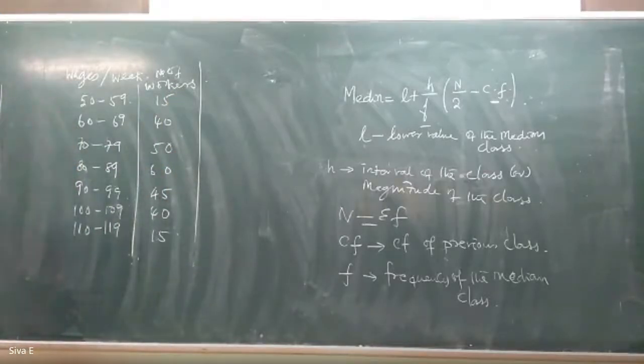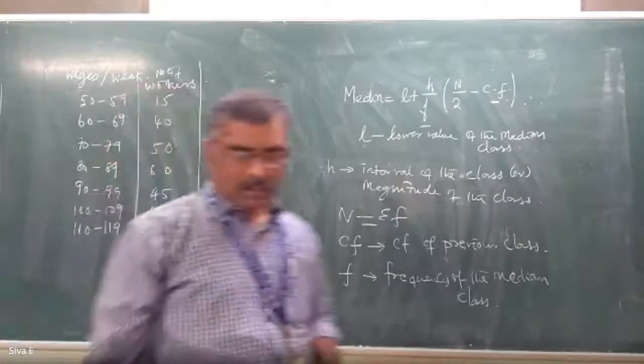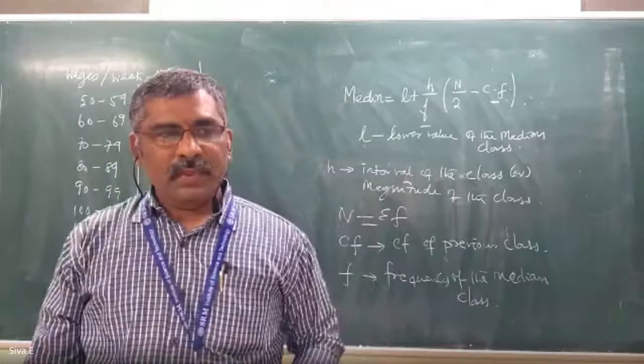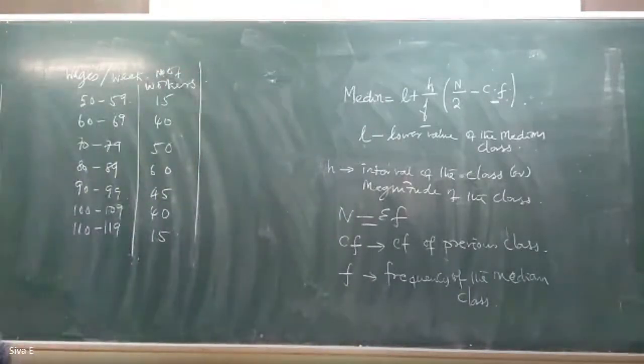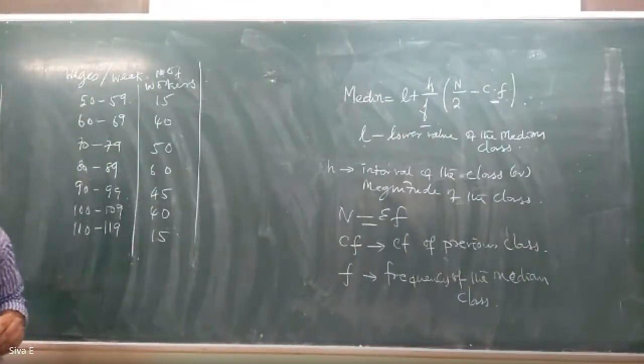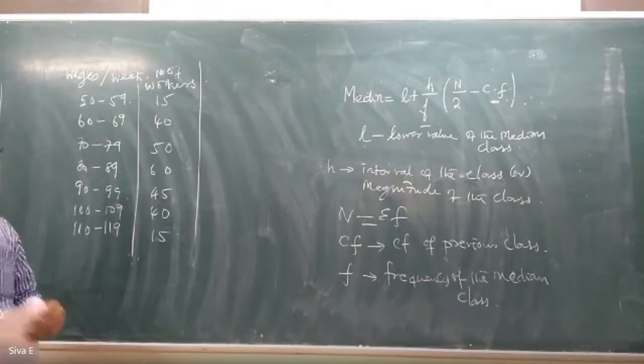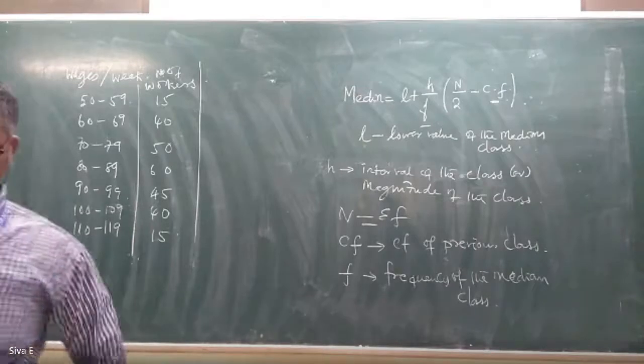When we are discussing the continuous case, there are two types of continuous cases: one is called the inclusive type, and one is called the exclusive type.